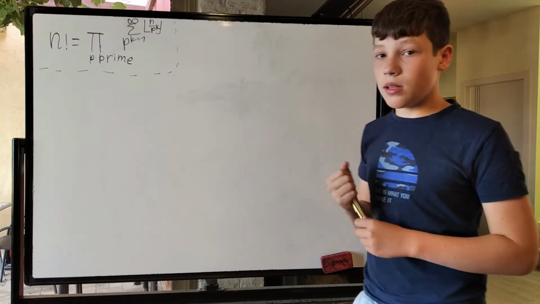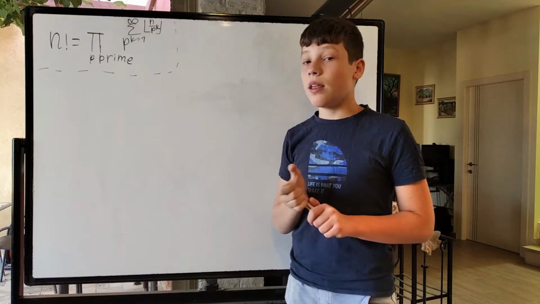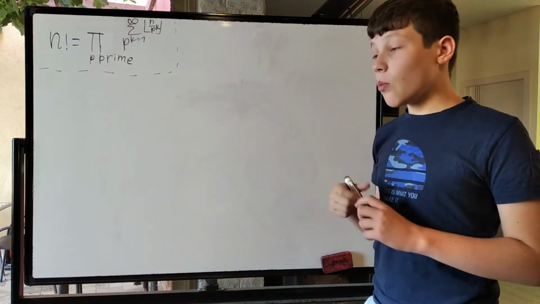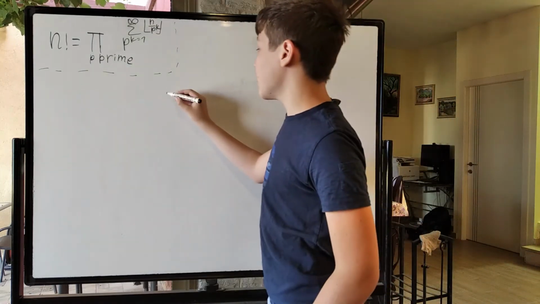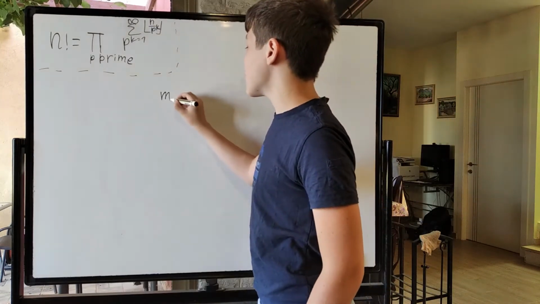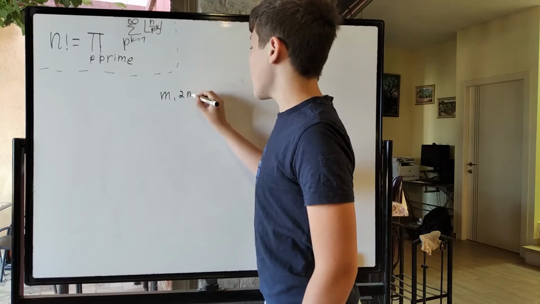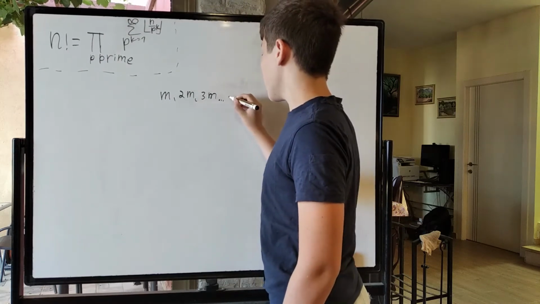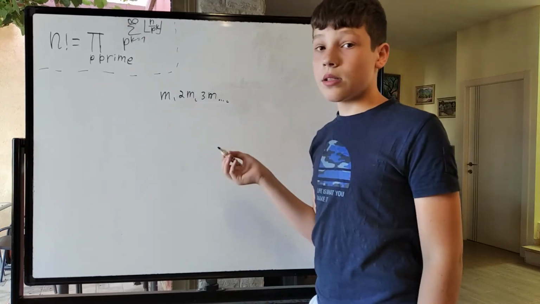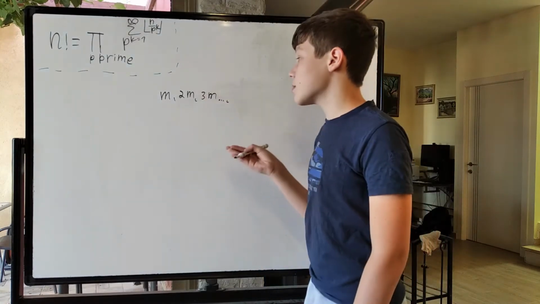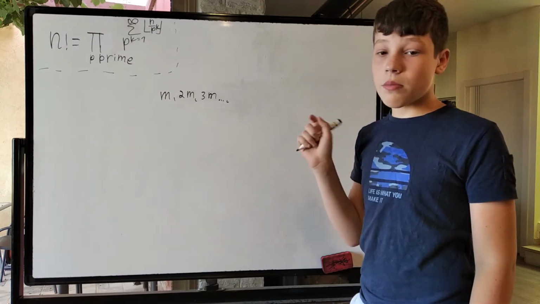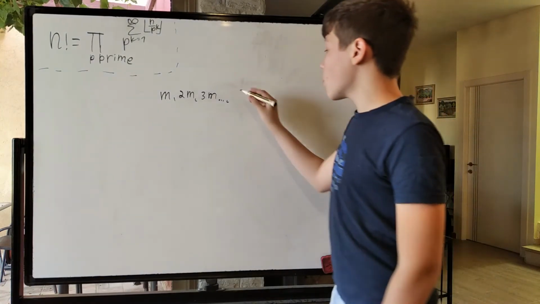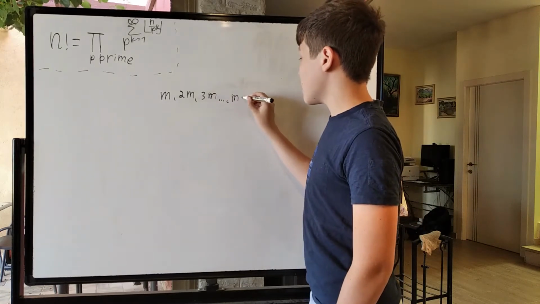The amount of multiples of m that are smaller than or equal to n. Well, in other words, we can look at the multiples and say, this is m, then 2m, then 3m, and so on until what? Well, because the amount of multiples that are smaller than or equal to n is k, that means that the last one will be m times k.